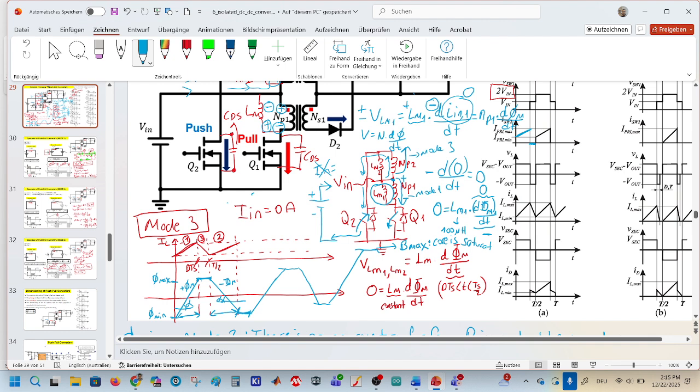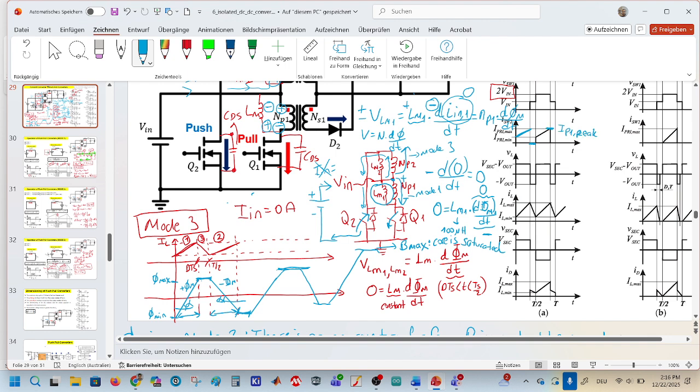We must always control the peak value of the current because the current causes flux and the flux determines whether the core is saturated or not. If we can control the peak value, for example, we say, okay, this peak value is reached, the controller that controls the switches, the duty cycle of the switches, should turn off.